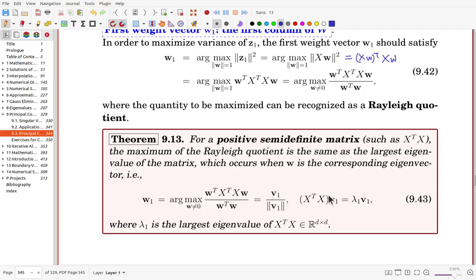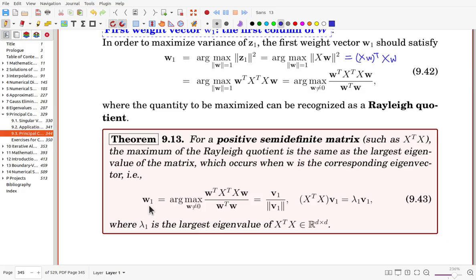So after finding the eigenvector for the largest eigenvalue and scaling it to length 1, that is exactly W1. This is how we can find the first weight vector.